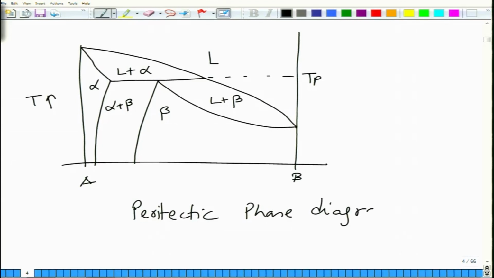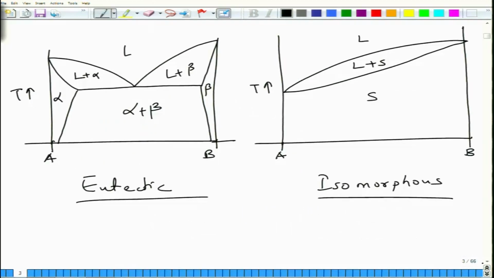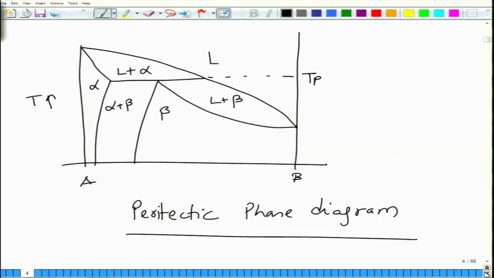A very common example of a eutectic is lead tin, and of an isomorphous system, let us say, copper nickel. Peritectic, you see one portion, for example, in iron carbon on the top, and you also see this in various other systems.